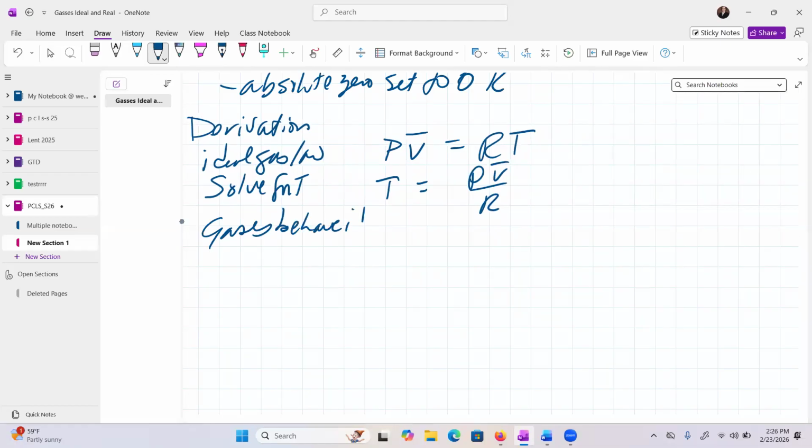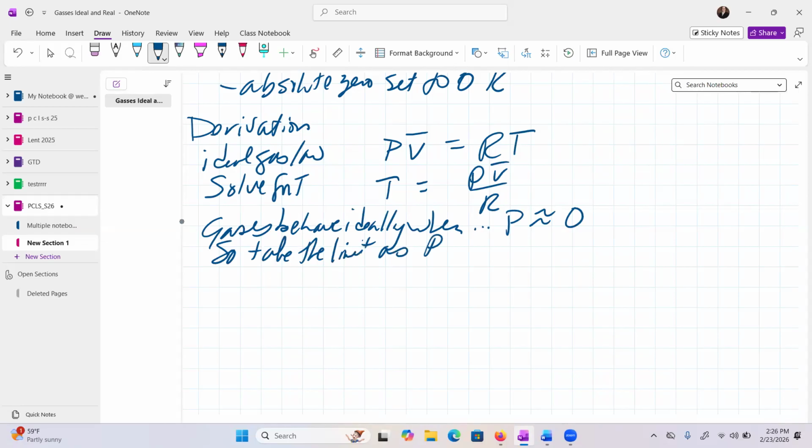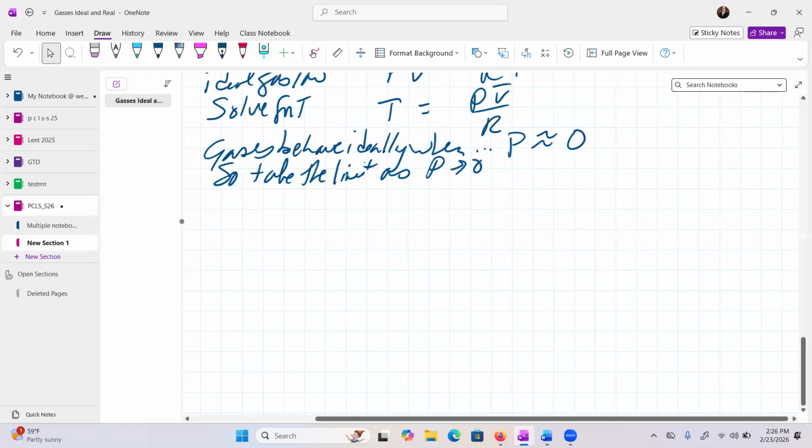Now, gases behave ideally when the pressure is approximately equal to 0. So for an ideal gas, what we're going to do is take the limit as the pressure goes to 0. Let's remember our calculus a little bit.